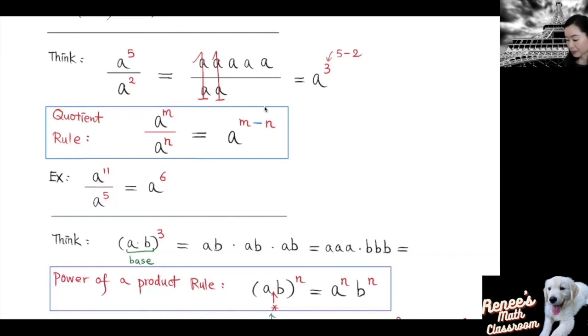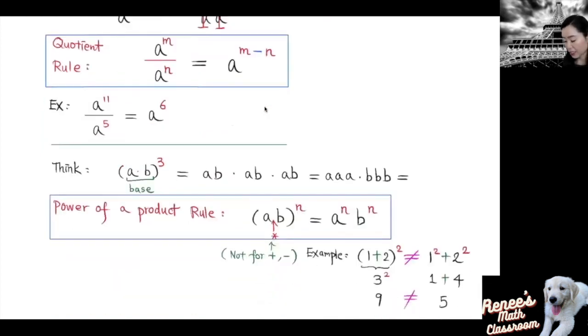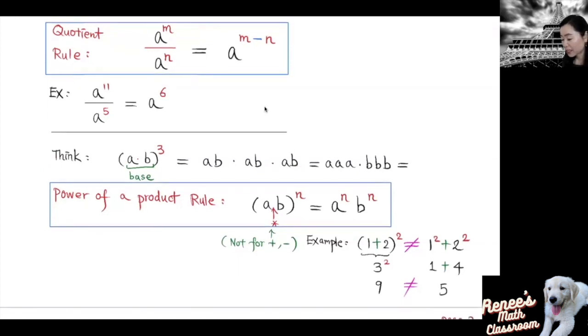Now try to discover this one. a times b to the third power. Well, this whole thing inside the parentheses is a base. So ab times itself 3 times. Remember multiplication is associative and commutative, so you can switch the order. I can put all the a's multiplied together, all the b's multiplied together. So at the end, this will be a to the third power times b to the third power.